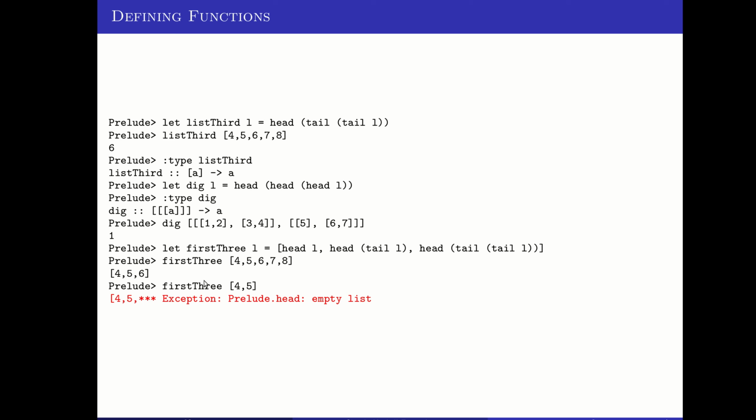Versus this call here, if we call with a list that's too small, then it's interesting to note we don't get an error about types, because the type of first3 is a function that takes a list and gives out a list. Well, that would be possible. This is a list. And so tuples are defined with their type as their size. Lists are not.